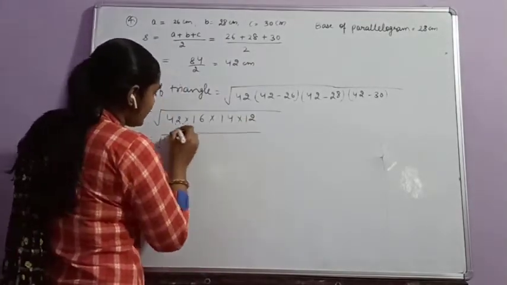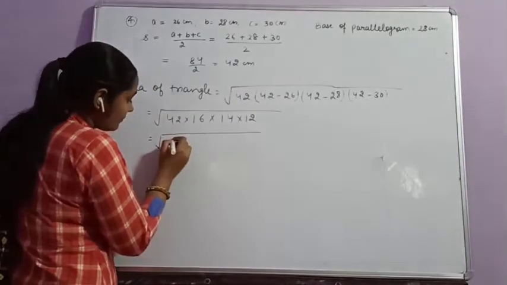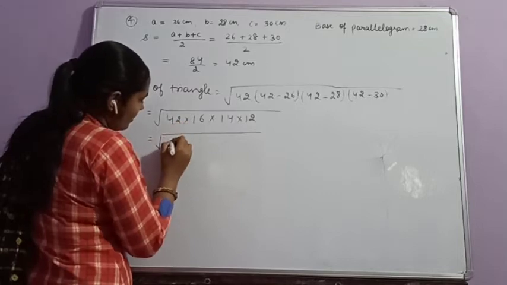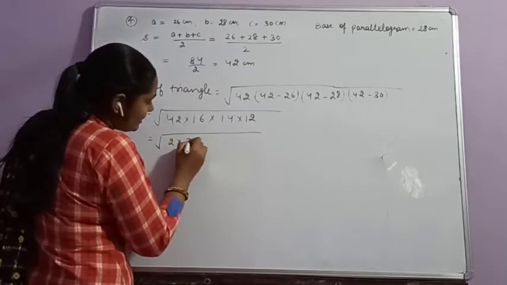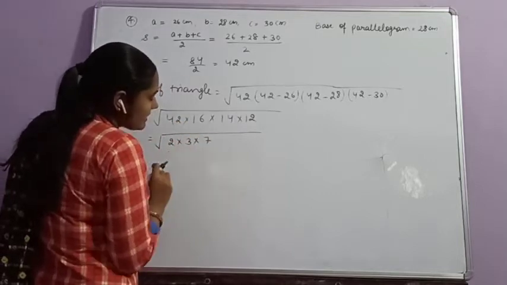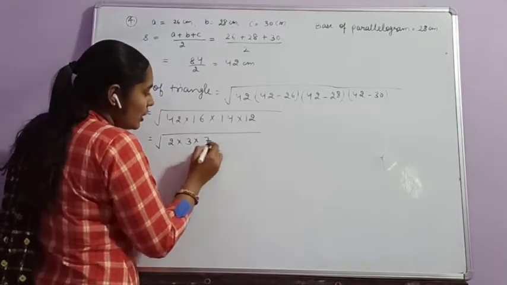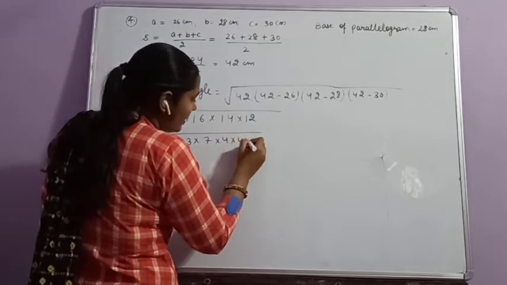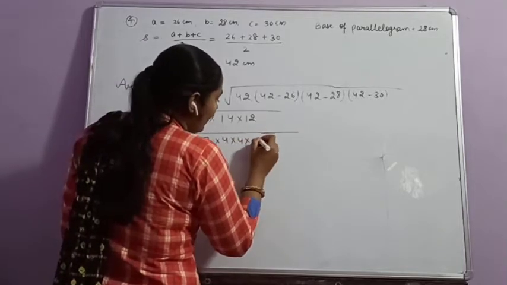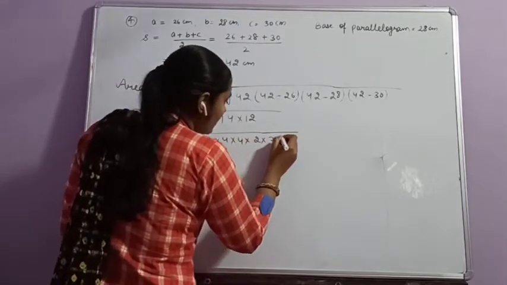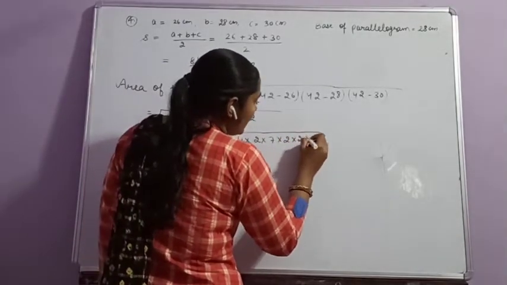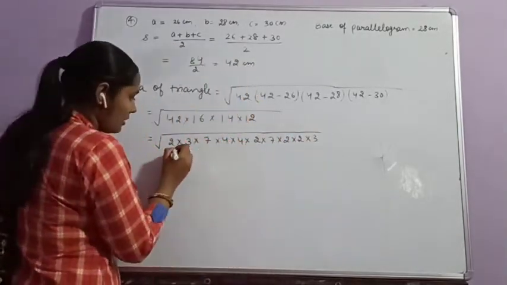These can be factorized. 42 can be written as 2 multiplied with 3 multiplied with 7. 2 3s are 6, 6 7s are 42. Multiplied with 16, which can be written as 4 multiplied with 4. 14 can be written as 2 into 7. 12 can be written as 2 into 2 into 3.